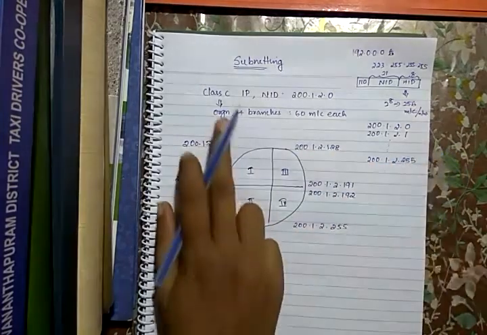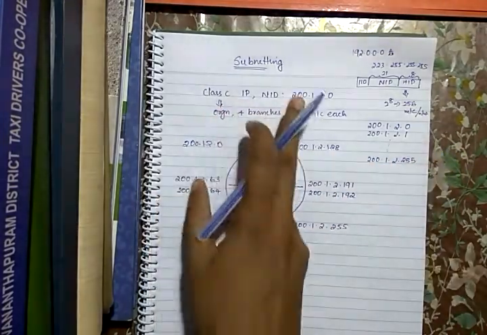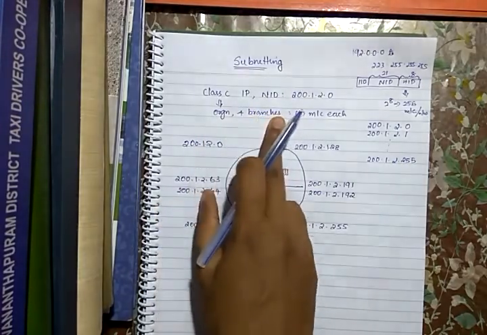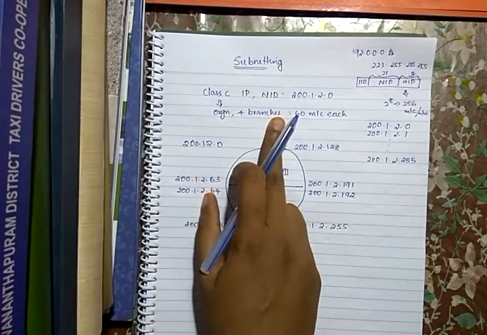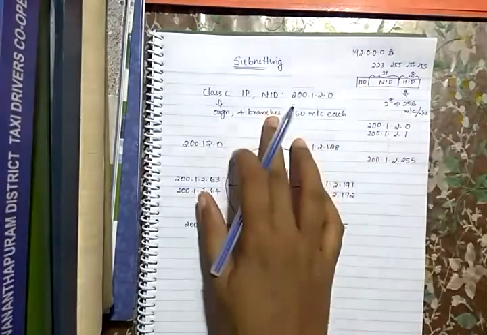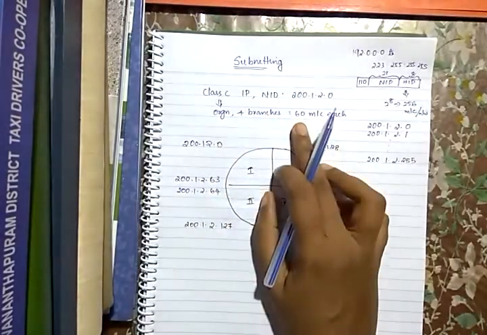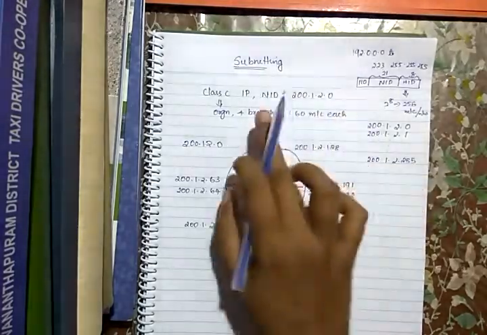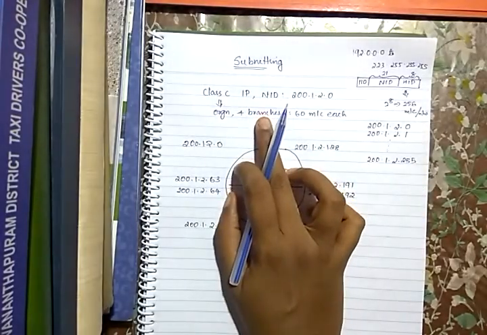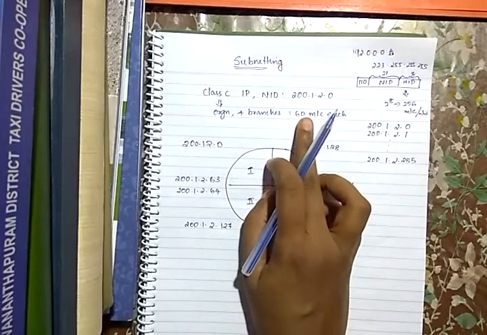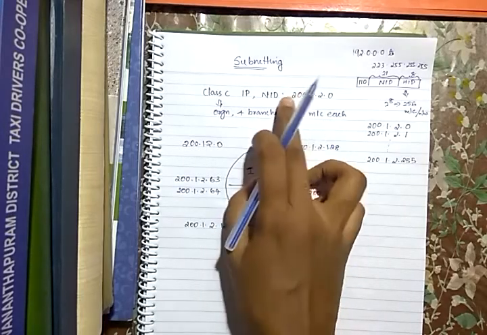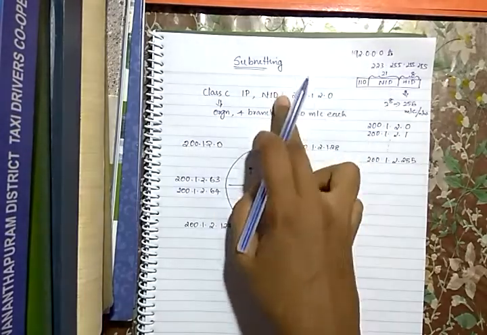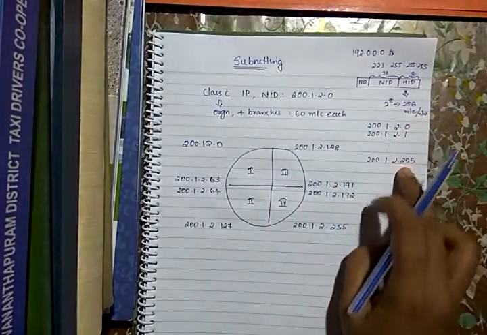Now suppose the organization which bought this IP address has 4 different branches, located at different places, with say 60 machines per branch. That means for a given branch the organization needs only 60 IP addresses, but when buying this kind of an IP address, it is getting 256 addresses together.